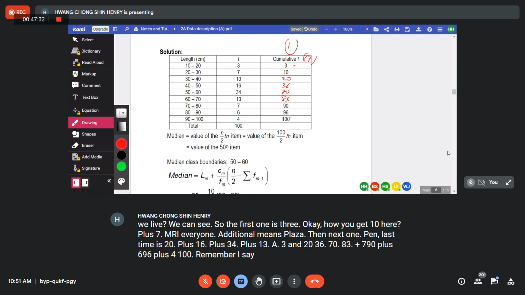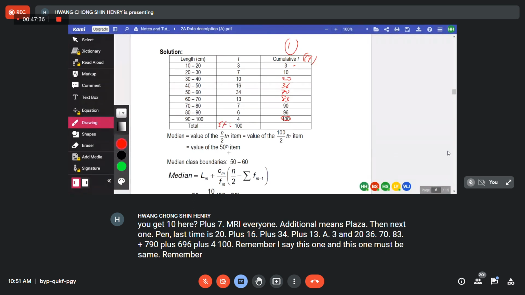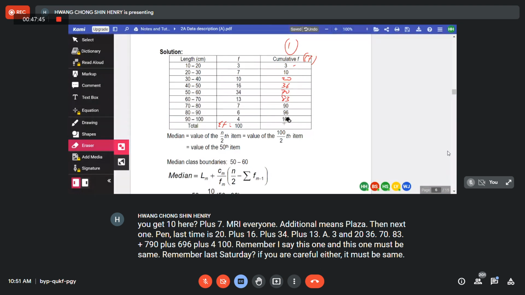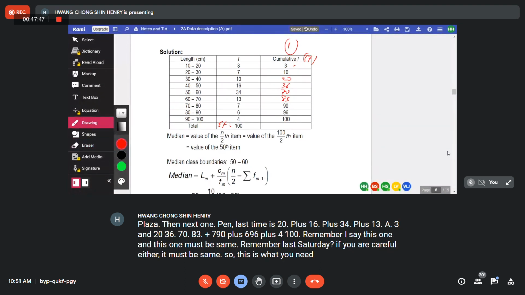Remember I said this one and this one must be the same. Remember last Saturday? If you add carefully, it must be the same. So this is what you need to do. Build one column for CF.